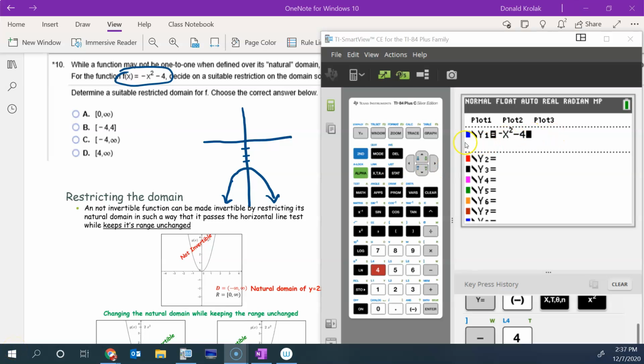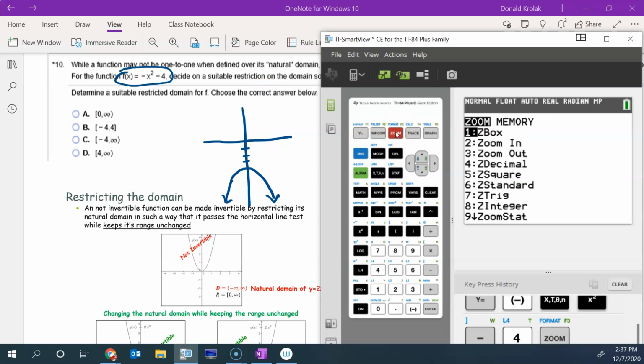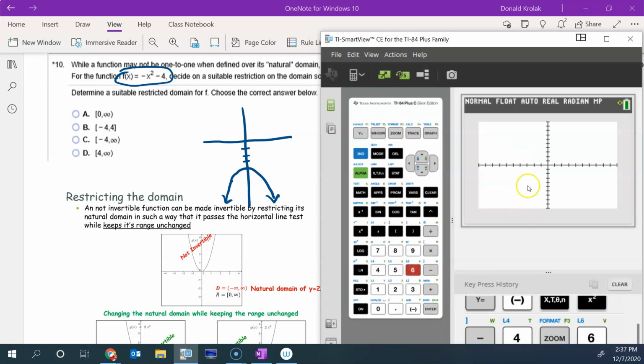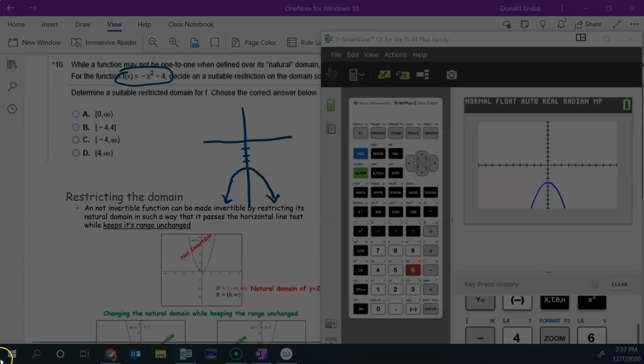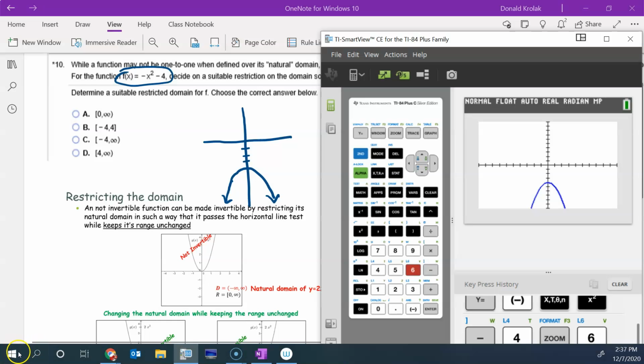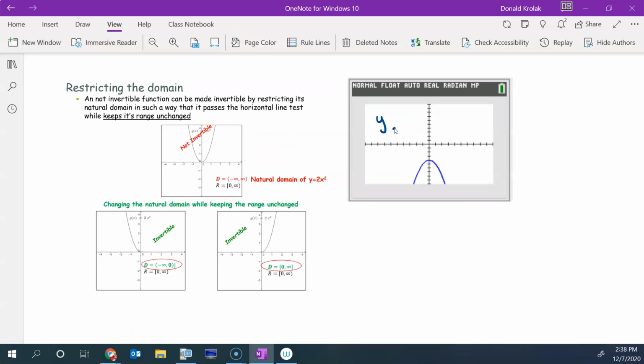Okay, so I typed in the equation, and now we're going to go zoom and just put it on a regular graph. So that's zoom 6. And there's our graph. Okay, so that's what it looks like. All right, so this is the graph y equals negative x squared minus 4.